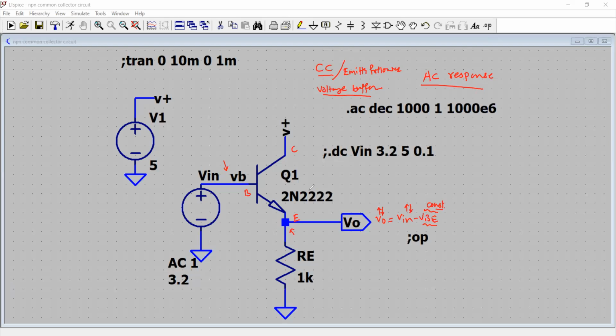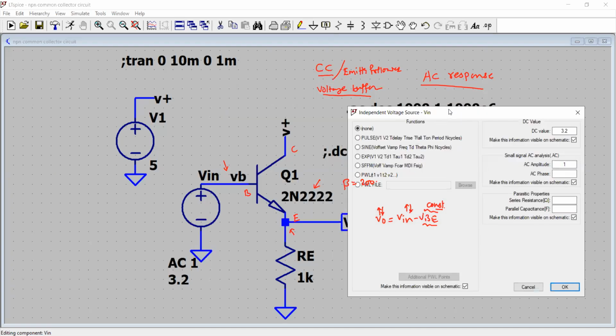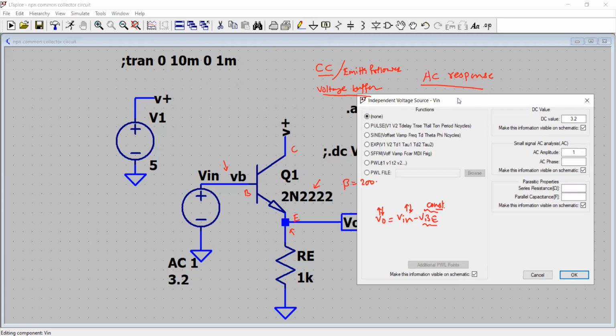With the values chosen for the components, the transistor I have chosen is a 2N2222, with a beta factor from its SPICE model of about 200. I have kept the same voltage source that I used to perform DC analysis in our previous module, so refer to that if you want to understand the operating principle of this circuit.